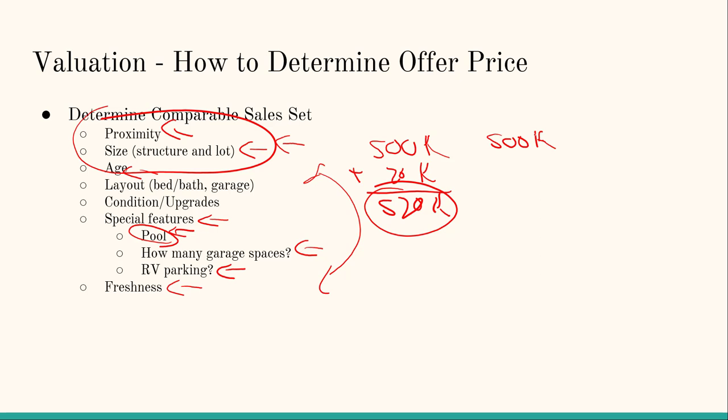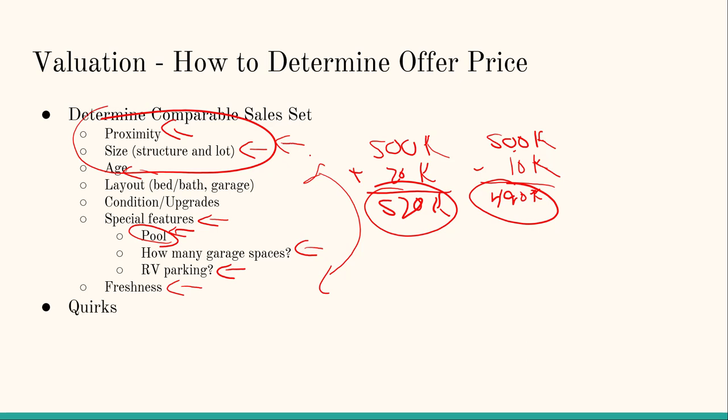So since yours is only a 1-car garage, and this one had a 2-car garage, you're going to subtract this. So after the adjustment, you find that your property is worth 490K. So you can take a basic set of comps and then just do these adjustments based on the specifics of your property.